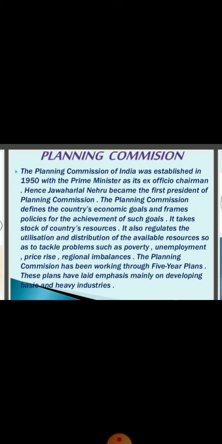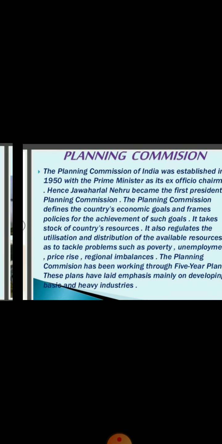These plans were set up for 5 years. They are also known as 5-year action plans. These plans have laid emphasis mainly on developing basic and heavy industries so that the economic growth rate of India as well as the economic development of India is increased.